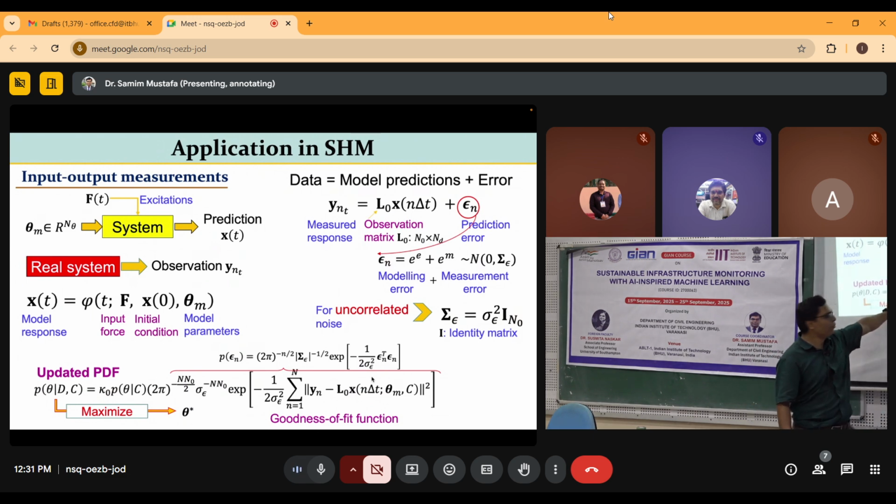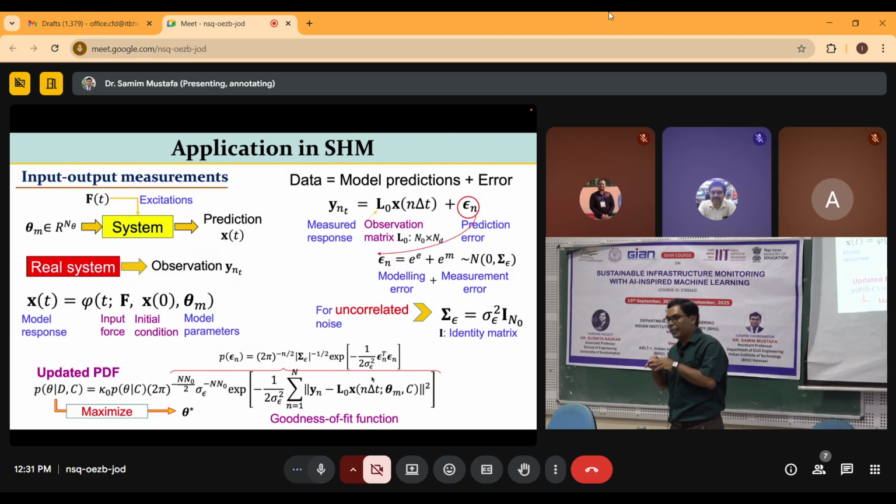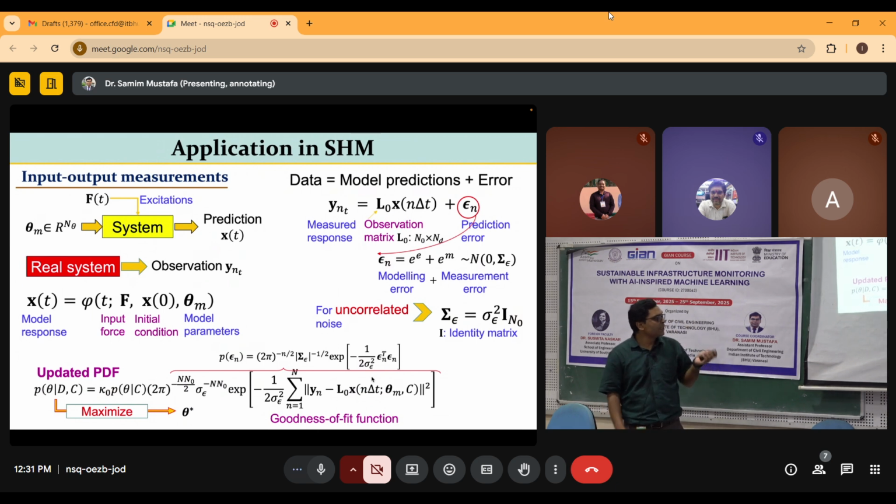If you represent it, as I said, as a Gaussian PDF, then you know the formula of the Gaussian PDF: 1 by square root of 2 pi sigma square, then exponential of minus something, right? So if you eliminate the constant part and take the logarithm and then take the negative, it becomes a minimization problem because of the negative. Okay, so this can be minimized.